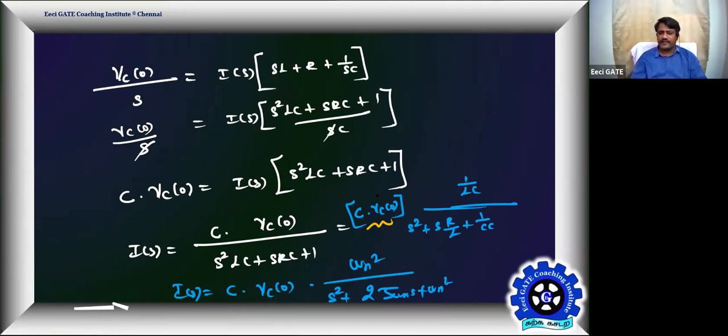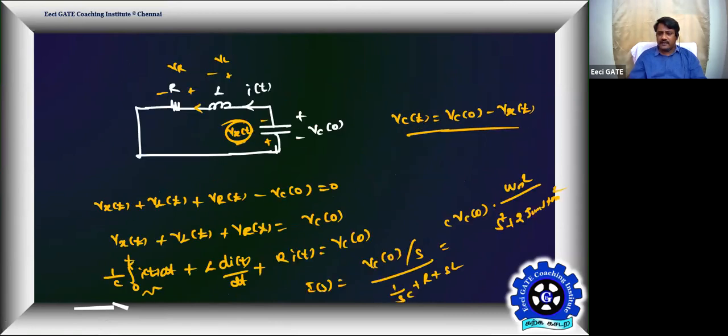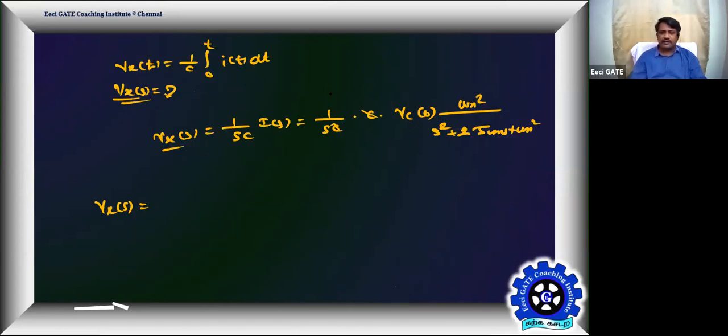Yes, Vc of 0 by S. That's your IC of I of S. That S is not there. Yes, Vc of 0 by S. So 1 by Fc into I of S, that's fine. Everything is fine.